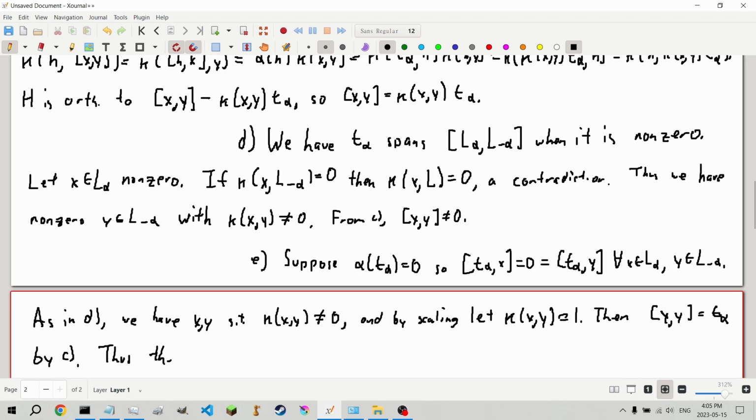Thus, the subspace S in L spanned by x, y, and our T alpha is a three-dimensional solvable algebra.